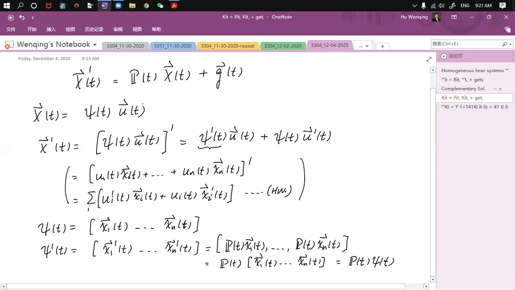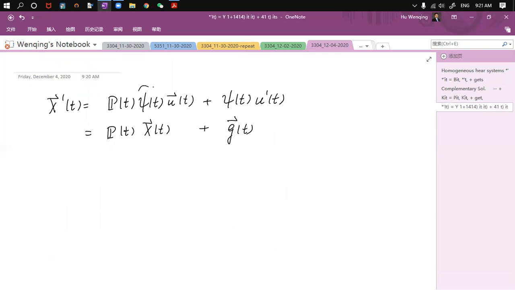Is that good, family? But x of t was supposed to be psi(t) u(t), right? That's the variation of parameters. So this psi(t) u(t) is nothing but x of t. Therefore, this term and this term are just equal and they get cancelled.